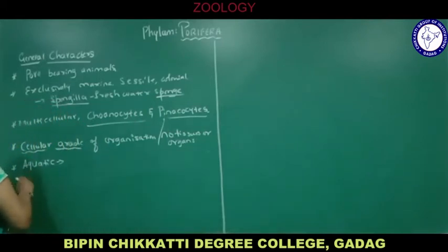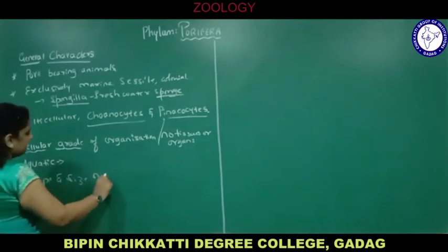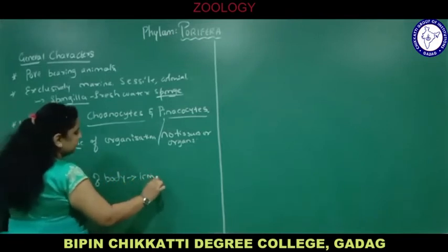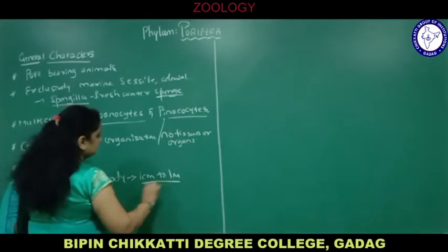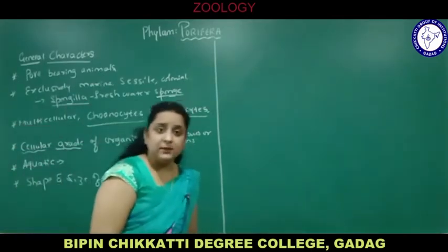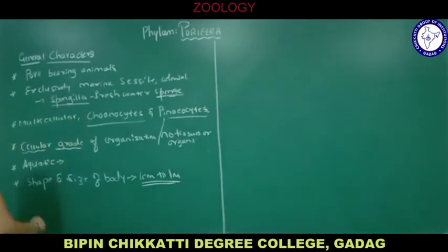Next, coming to shape and size of the body. Shape and size of the body varies in different sponges, from 1 centimeter to 1 meter also. There is a variety of shapes of sponges.